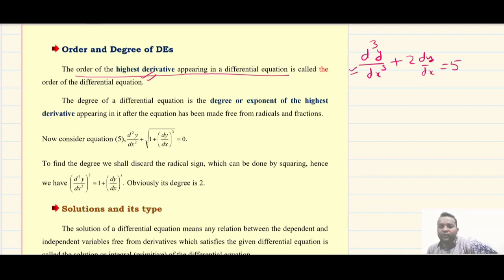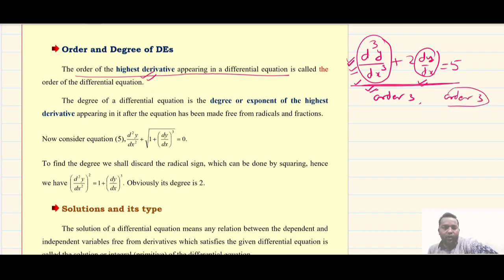In this differential equation, one term involves a first order ordinary differential coefficient, and the other term involves a third order differential coefficient. Therefore, the highest order term is the third order term and its order is 3. Therefore, the order of this differential equation is 3.